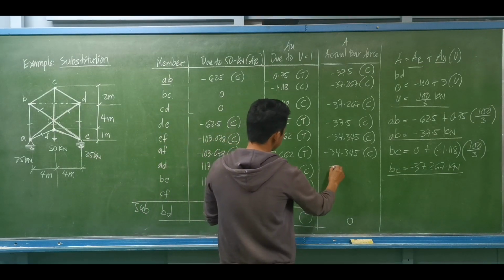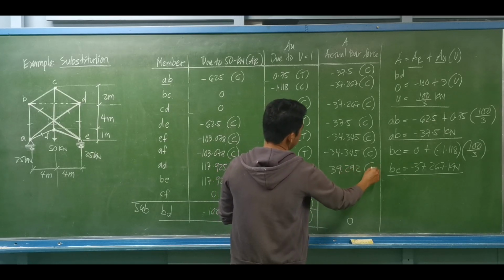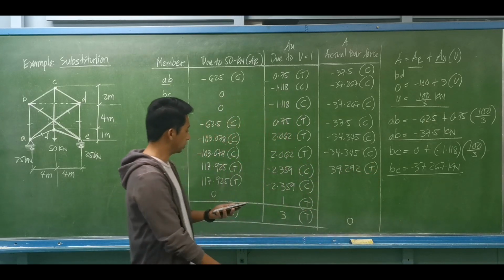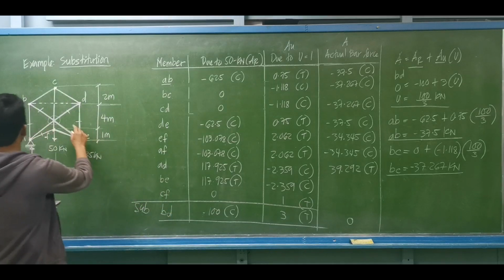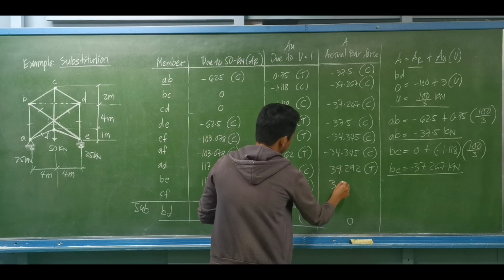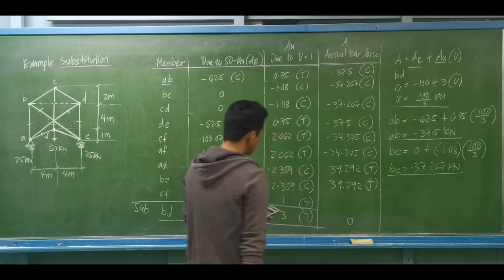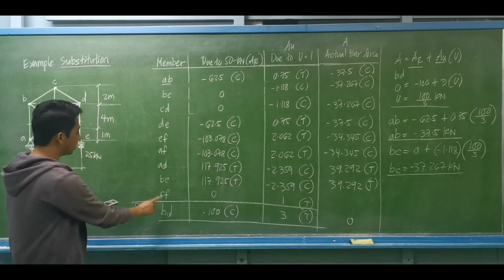This is positive, which means that when positive, it is under tension. AD is similar to BE. So this is the same as 39.292, also under tension.